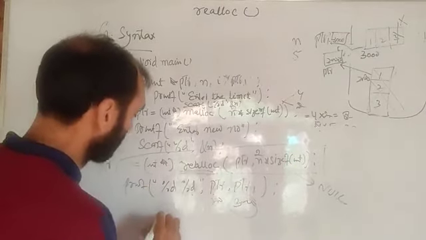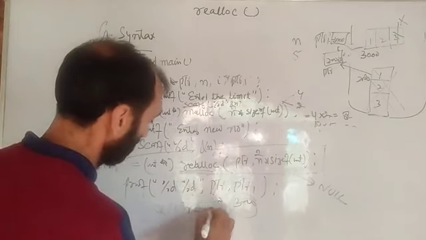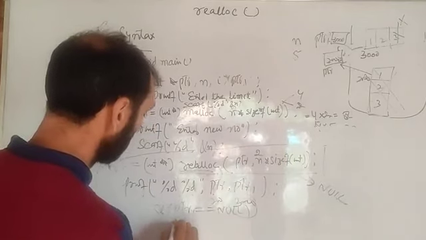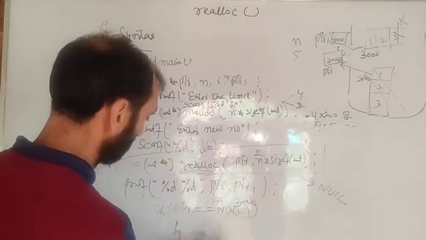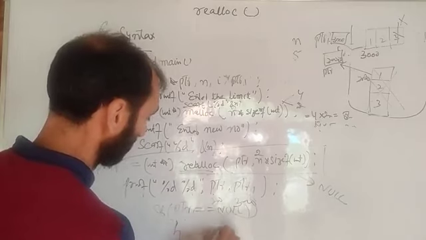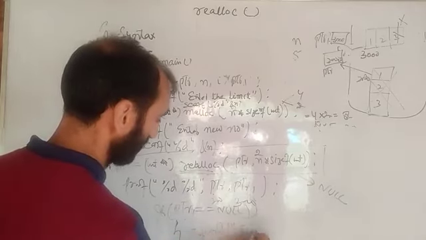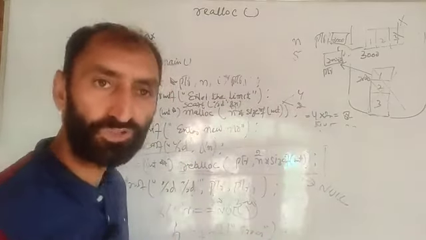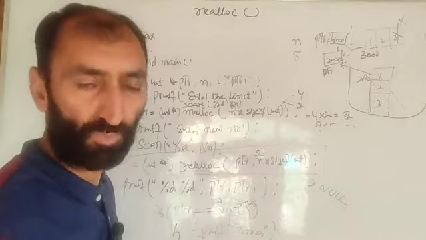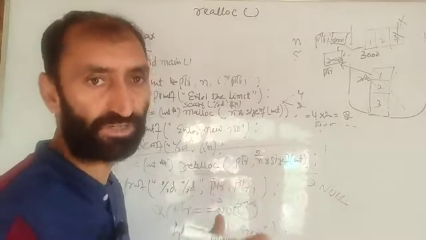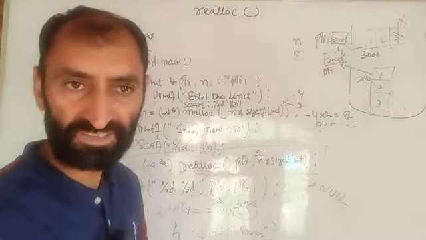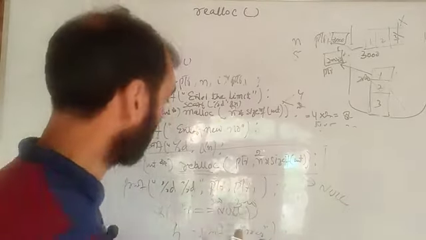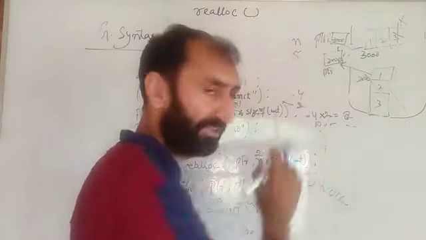So we can also check if ptr1 equals null, then that means error, and it can print error. That means due to some reasons the realloc function failed to reallocate, increase or decrease the size of the previous block. And if it succeeds, then it will return the address of the first byte.